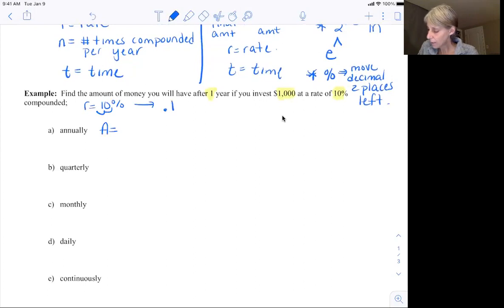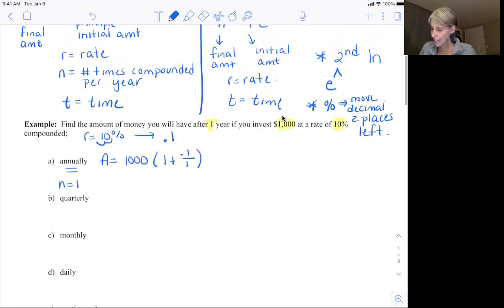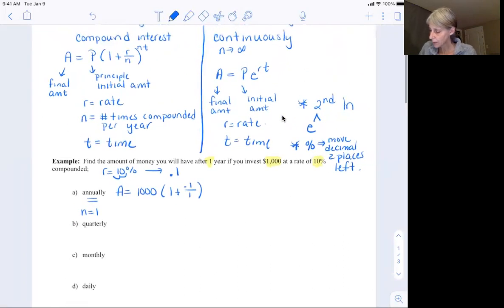The amount of money I'm starting with is 1,000. This is going to be compounded, and N is going to be once a year. And I have my N times T, so it's 1 times 1. You're just going to plug this into your calculator.